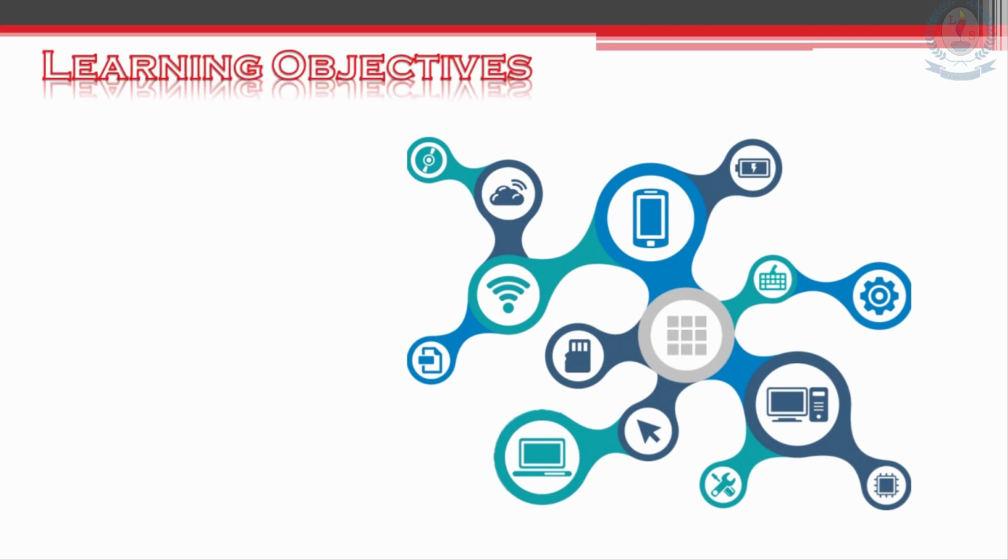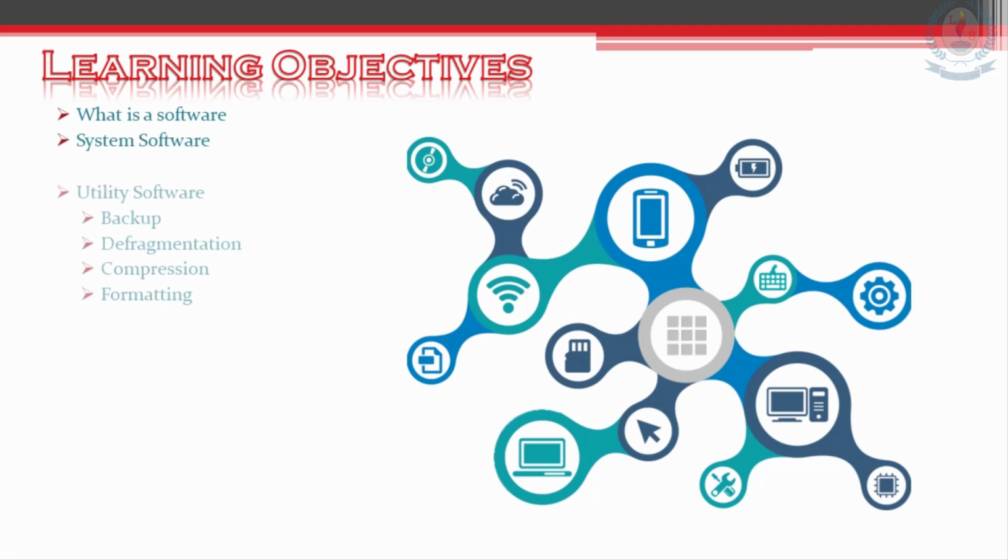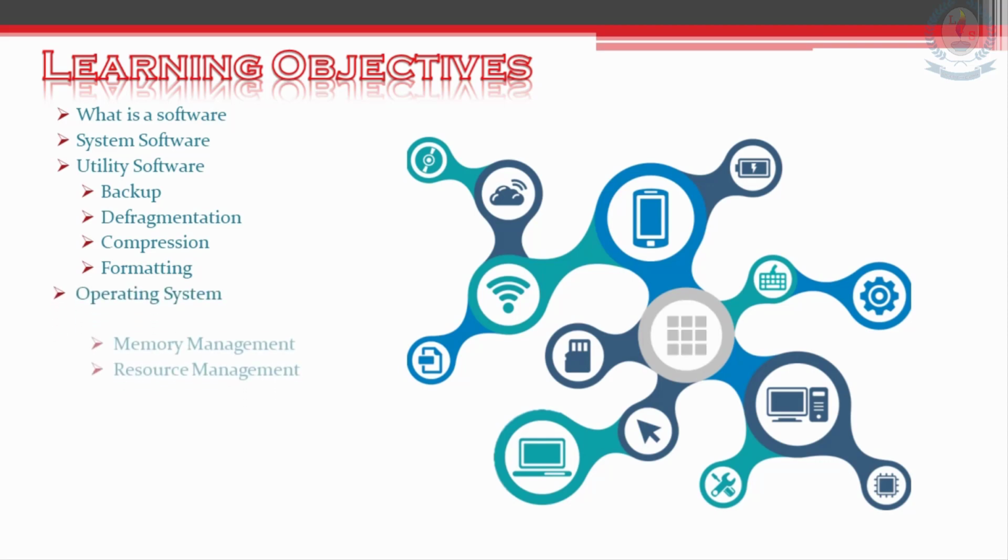From this video, you are going to study what is a software, what is a system software, and also utility software. Under the utility software, you will learn about backup, defragmentation, compression and formatting. Next one is operating system.